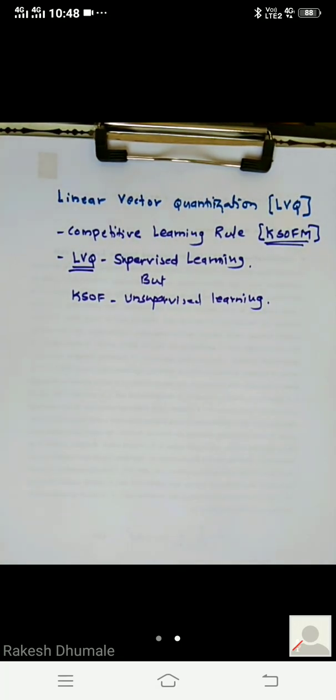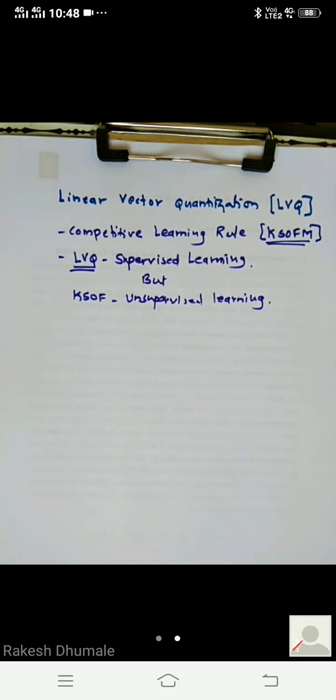In both cases, we are using the competitive learning rule, but LVQ uses supervised learning and KSOFM is unsupervised learning. When the training process is complete, the LVQ net classifies the input vector whose weight is very close to the input vector in the same class, then it reduces incorrect classification by adjusting the LVQ boundaries.